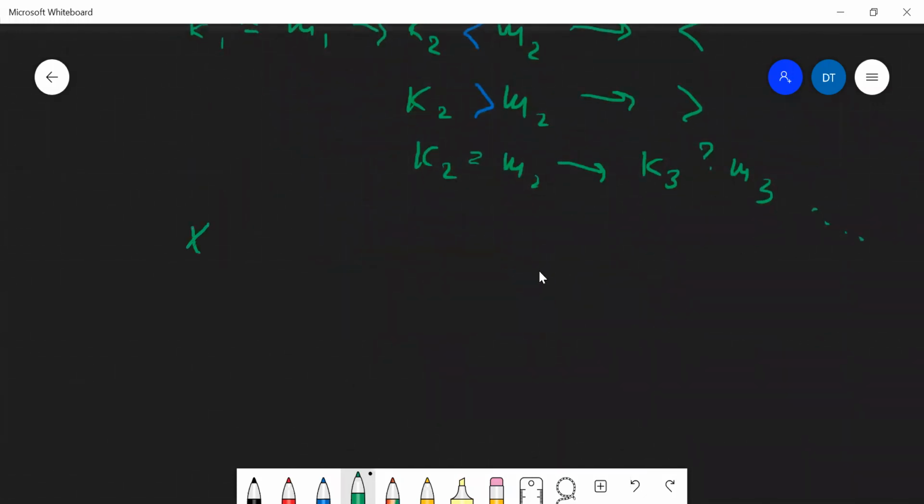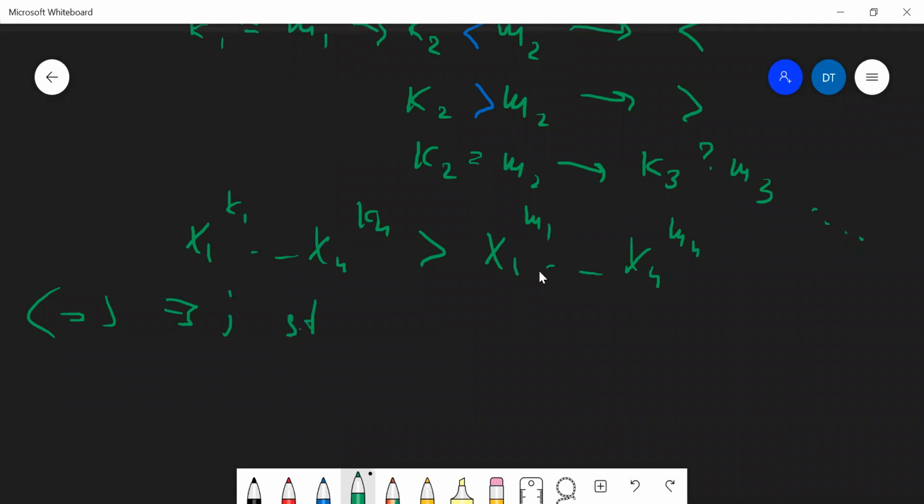So x1 to the k1, etc., xn to the kn is strictly larger than x1 to the m1, etc., xn to the mn, if and only if there exists an index j such that k1 equals m1, etc., k(j-1) equals m(j-1), and kj is strictly larger than mj. So this is the criterion for the first monomial to be larger than the second one.